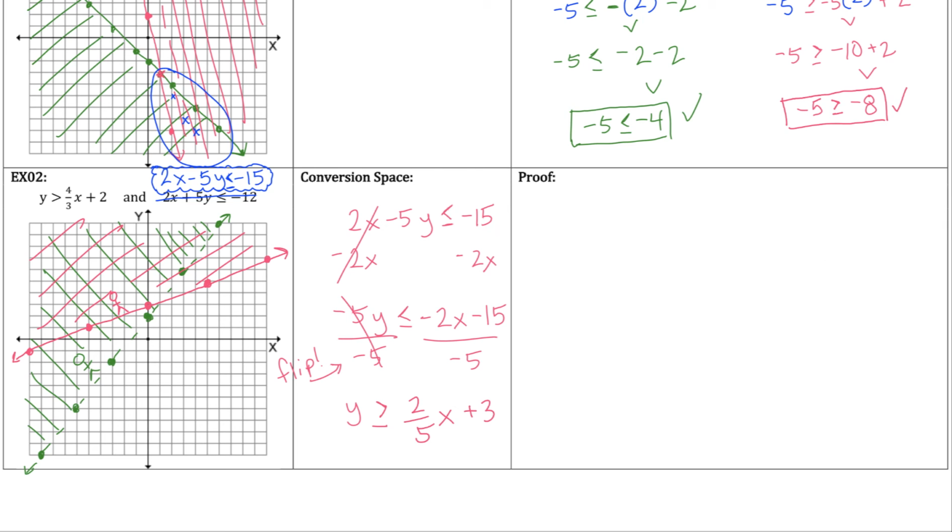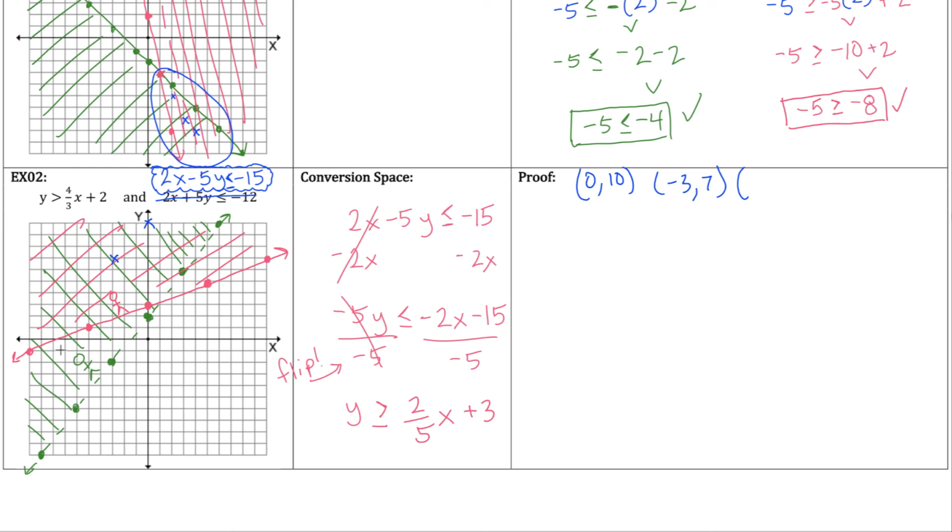So some solutions would be like 0, 10. A negative 3, 7. Oh, that's right there. Negative 3, 7. And like negative 10, 10.